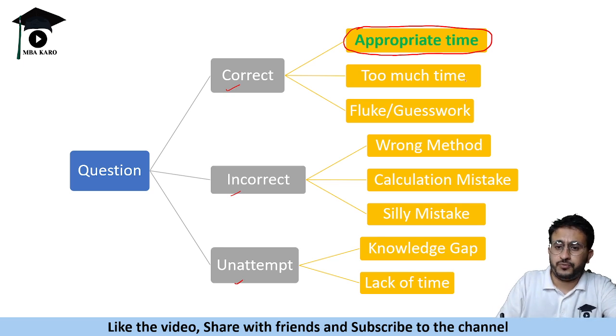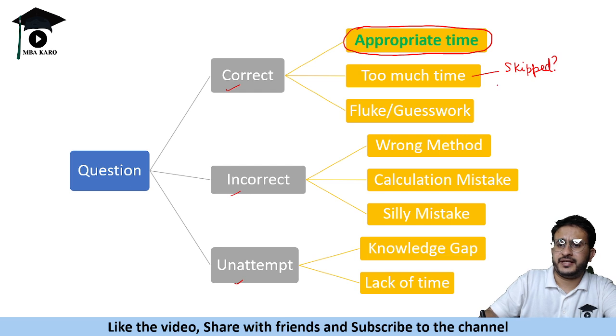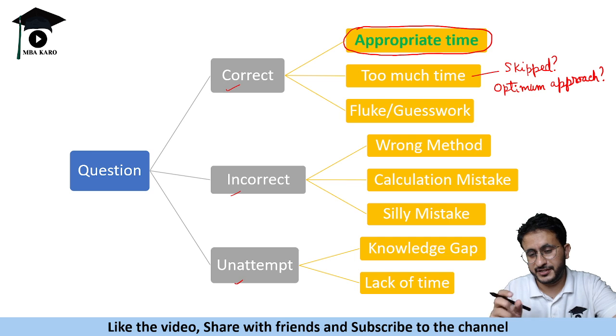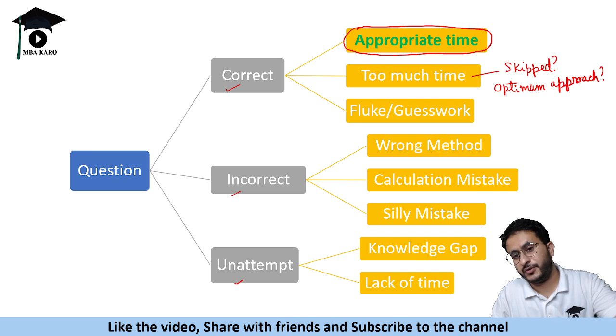If you have taken too much time, try to understand whether it should be skipped in the test, or is there an optimum approach? If you studied from good teachers, they teach you the optimum approach of solving questions.